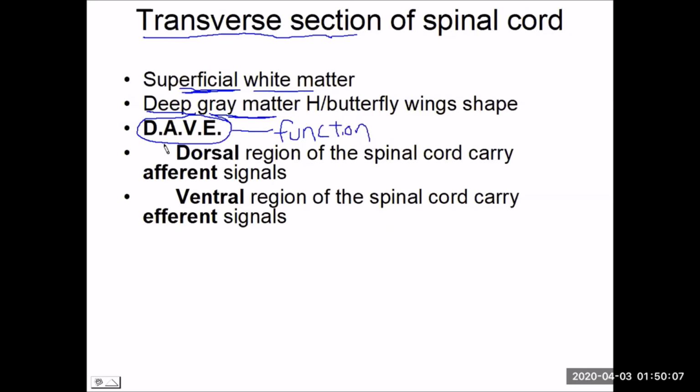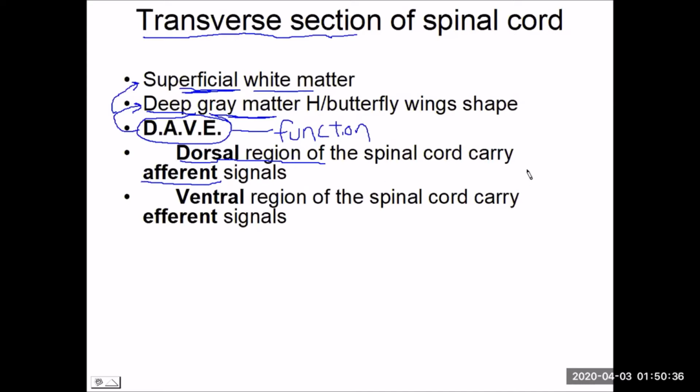So if we take a look at this DAVE, the function of the spinal cord, DAVE applies to both the gray matter and the white matter sections. So we're describing that the dorsal portion of the spinal cord is carrying afferent information. Or another way to say it, the synonym, the posterior side of the spinal cord is carrying sensory information.